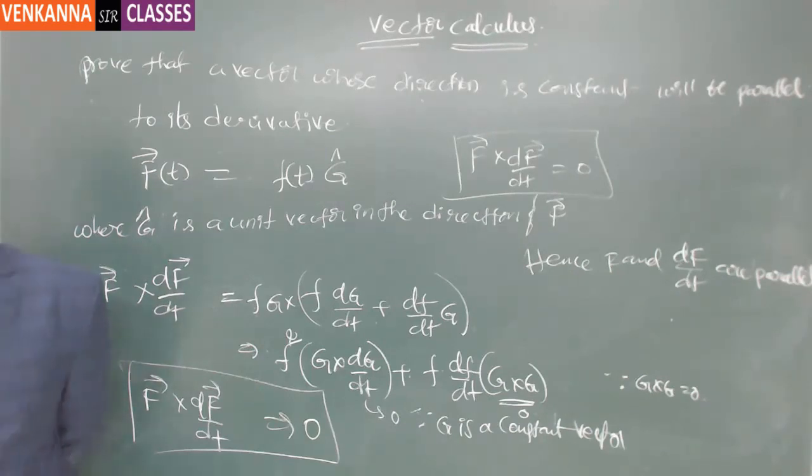Got it? Because it has the same direction, right? If it has a constant direction, it has to come out to be 0, because there is no curl part of it. Noted down?